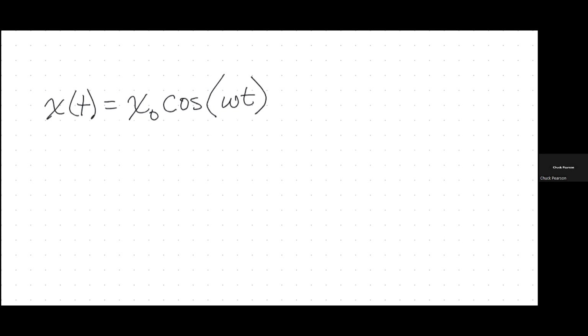And what does this look like when it's plotted out? It looks periodic. The cosine function starts from 1, goes through 0, minimizes, comes back up to 1, repeats itself over and over again.